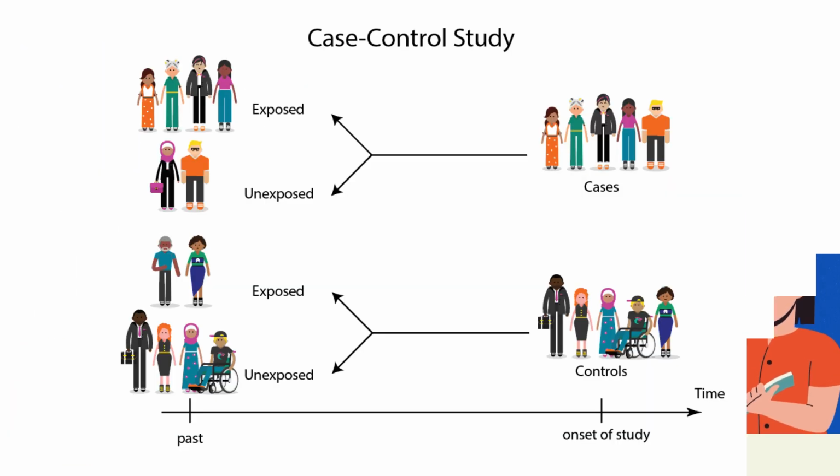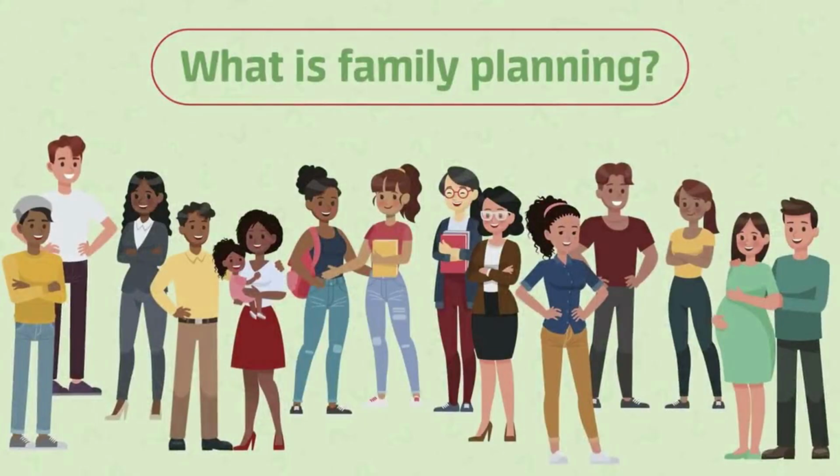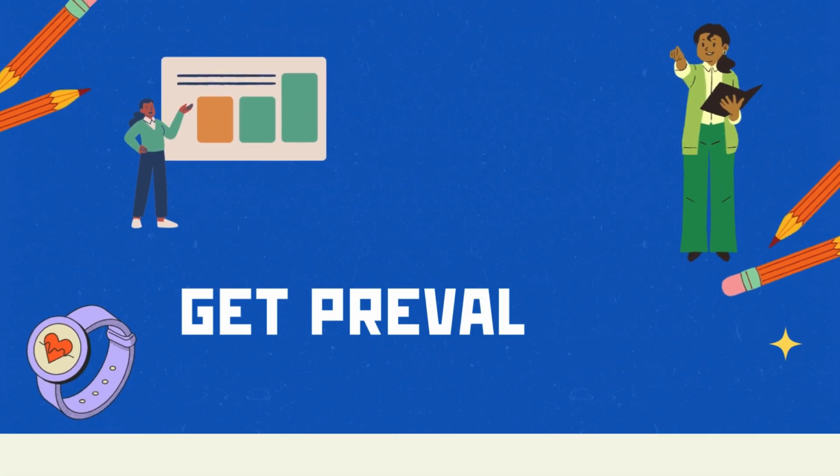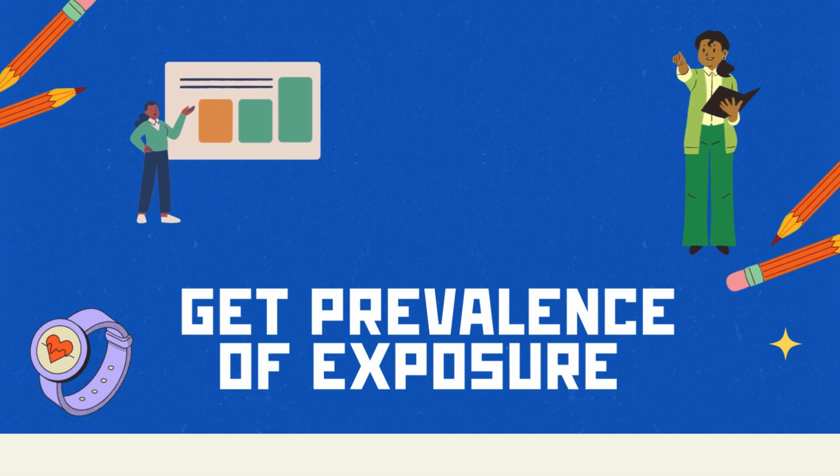Then you look for people who don't have breast cancer but are similar in demographic distribution, and you bring those people together, interview them, go back in time and find out whether they were exposed to a specific exposure of interest, let's say use of family planning, use of hormonal therapy, and then you're able to get the prevalence of exposure in those who have the disease and those who don't have the disease.